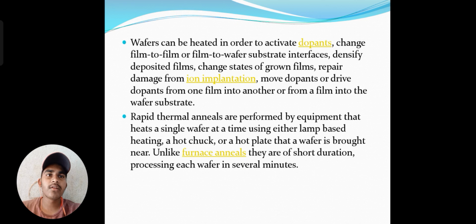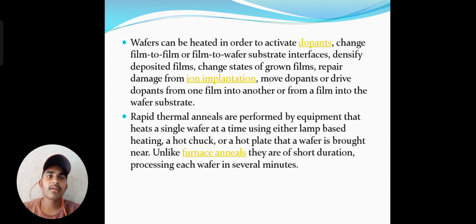Wafers can be heated in order to activate dopants, change film to film or film to wafer substrate interfaces, densify deposited films, change states of grown films, repair damage from ion implantation, move dopants or drive dopants from one film into another or from a film into the wafer substrate.